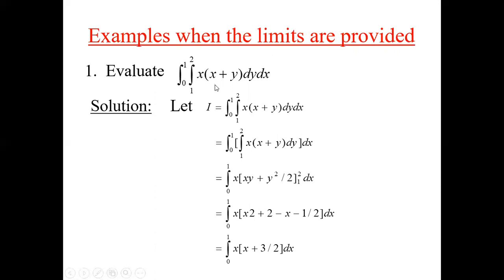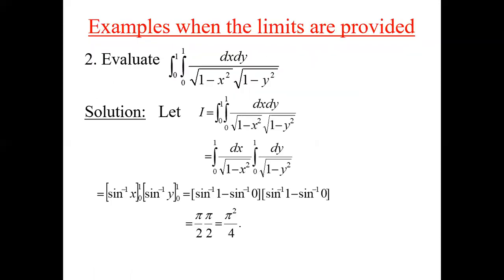That is the evaluation of a double integral when both the limits are constants. So in this example, when the limits are given to you, you find the double integral. Then we'll take the next question.